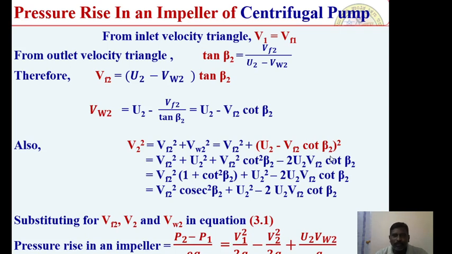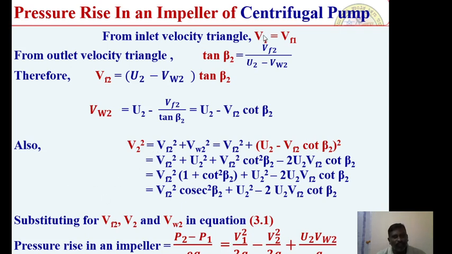(A minus B) the whole square is A square plus B square minus 2AB. Therefore, you take out Vf2 square as the common factor between the similar terms: Vf2 square (1 plus cot square beta 2) plus U2 square minus 2 U2 Vf2 cot beta 2. Finally, 1 plus cot square beta 2 I can write as cosec square beta 2. So V2 square is Vf2 square cosec square beta 2 plus U2 square minus 2 U2 Vf2 cot beta 2. This is the value of V2 square.